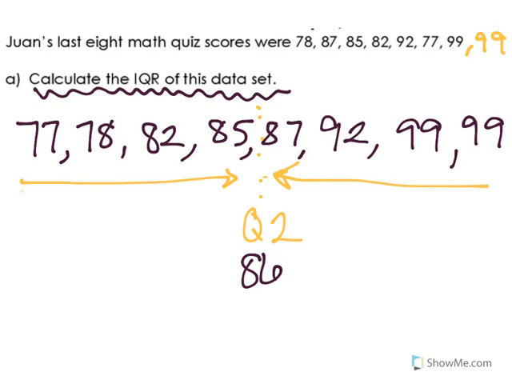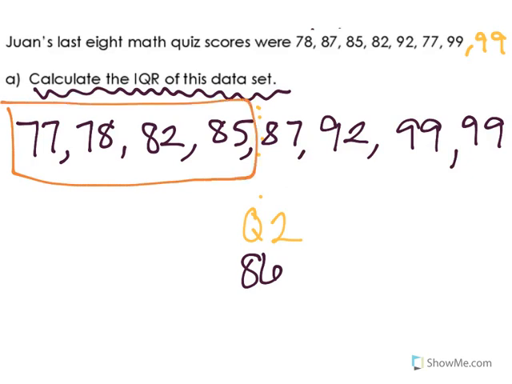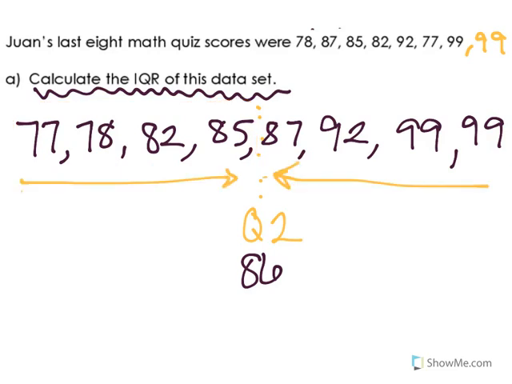I also know that if I have an even number of values in the lower half and the upper half of my data set, I will have to find the average of the 2 middle numbers. Let's look at the lower half of our data set first. I have to find the 2 middle numbers, which are 78 and 82, and find the average of those in order to find the IQR later on.